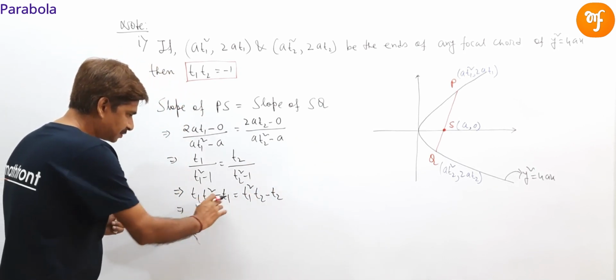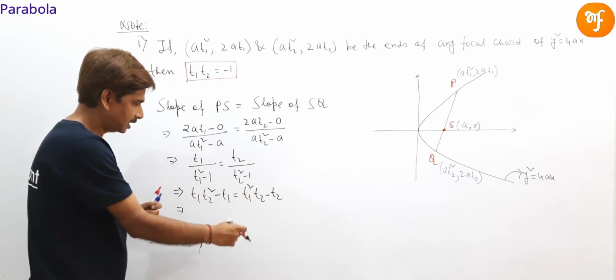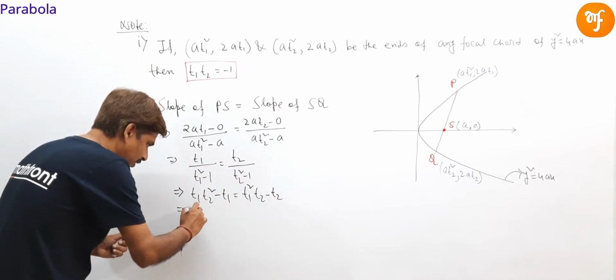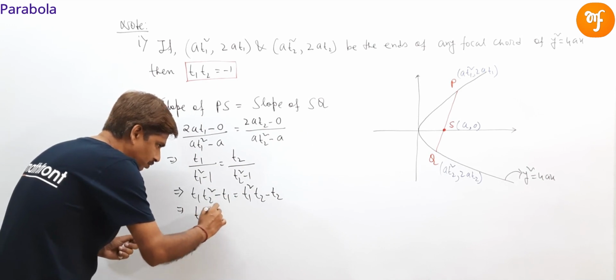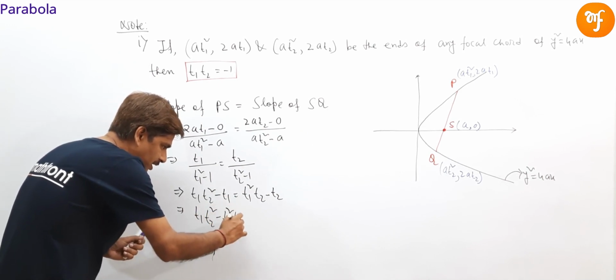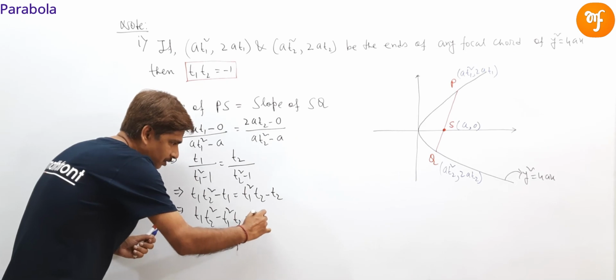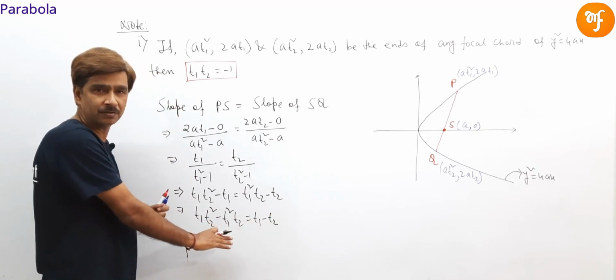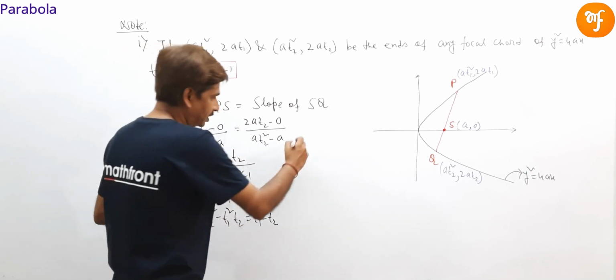Now shift this -t1 to the right hand side and shift this t1·t2² to the left hand side. So what we will get? t1·t2² - t1²·t2 = t1 - t2. Now we can take common t1t2 from the left hand side.